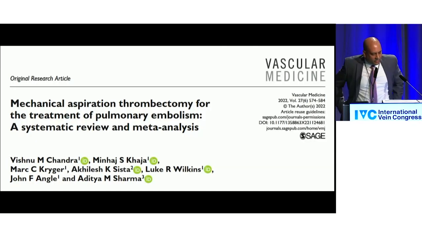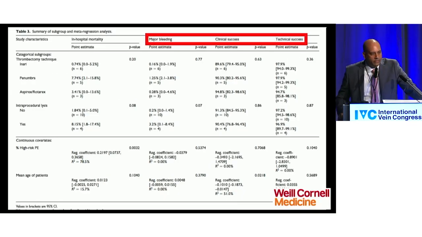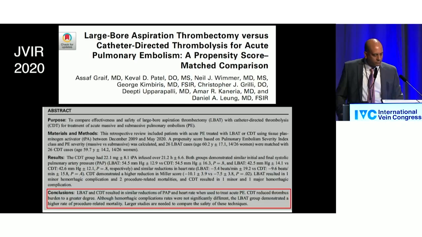So here's a nice article that was done a few years back, which really showed that when you look at all these devices, from Inari to Penumbra to even Rotarex and some of the other ones that are available for PE fragmentation and mechanical thromboembolectomy, in terms of major bleeding, clinical success, technical success, they all are relatively comparable and they do well.